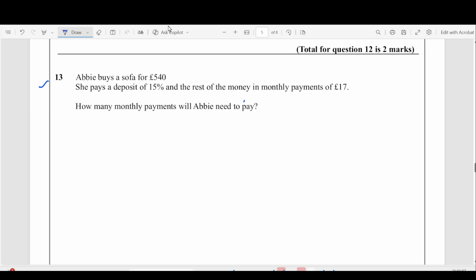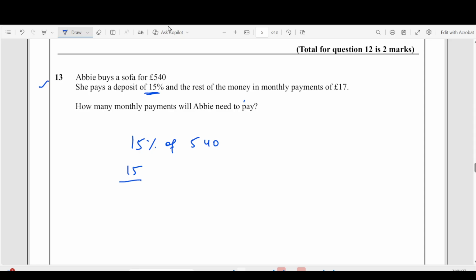First, we calculate the deposit amount. It says she pays a deposit of 15%. So 15% of 540, right? So if we calculate 15% of 540, 15 over 100 times 540.